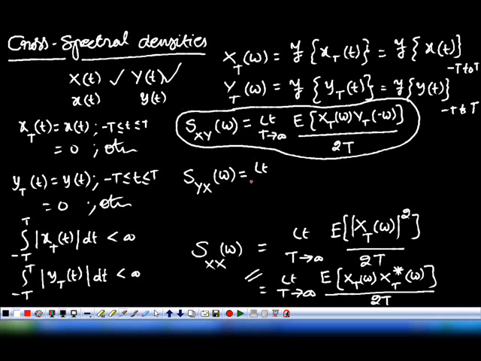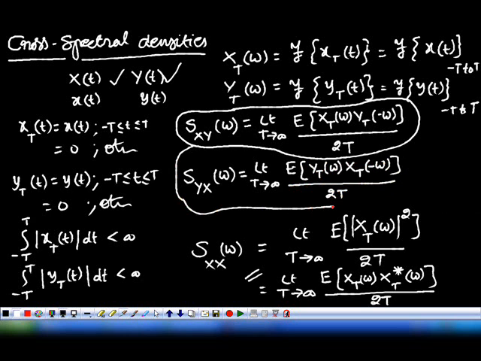And another density is the limit T tends to infinity of the expectation of YT of omega XT of minus omega divided by 2T. So these two functions S_XY of omega and S_YX of omega are called the cross spectral densities of the two random processes x of t and y of t.